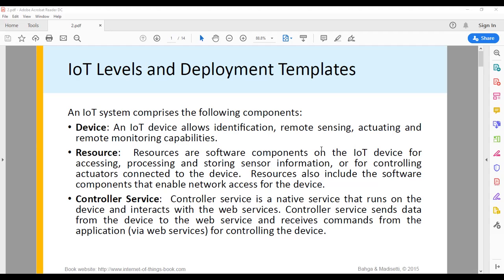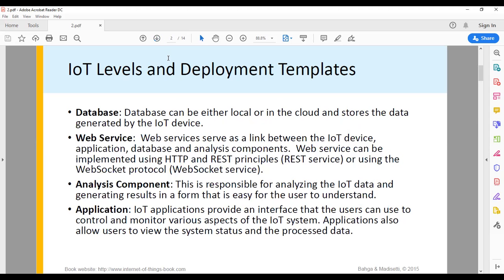They are enabled with web services, through which you can control IoT gadgets or systems. For that there are important protocols like REST and WebSocket. A question could be asked on this topic, that you have to explain REST and WebSocket, or differentiate between the REST protocol and the WebSocket protocol.